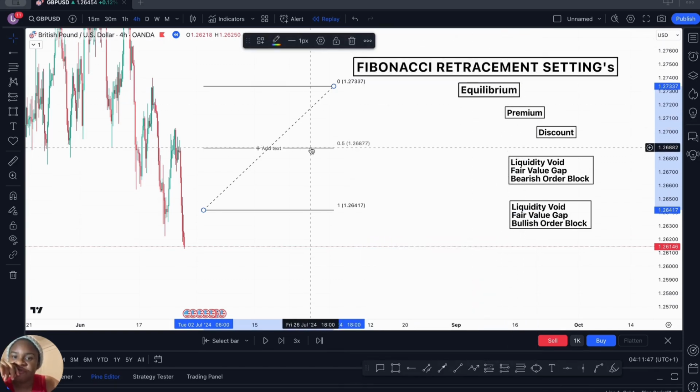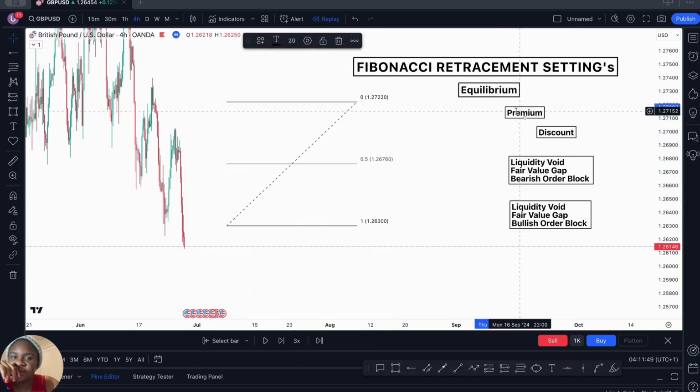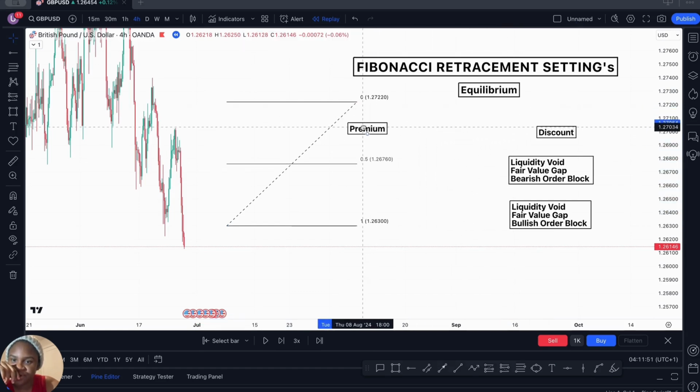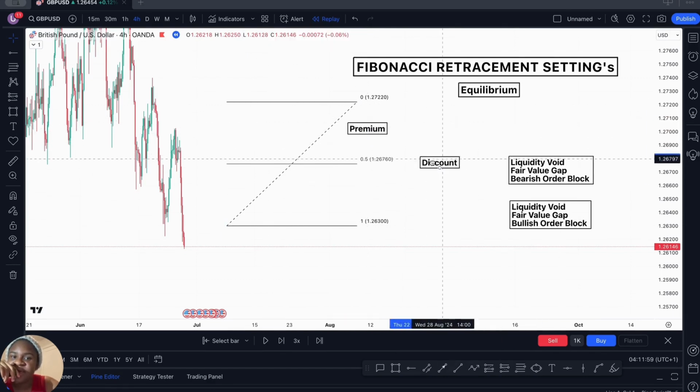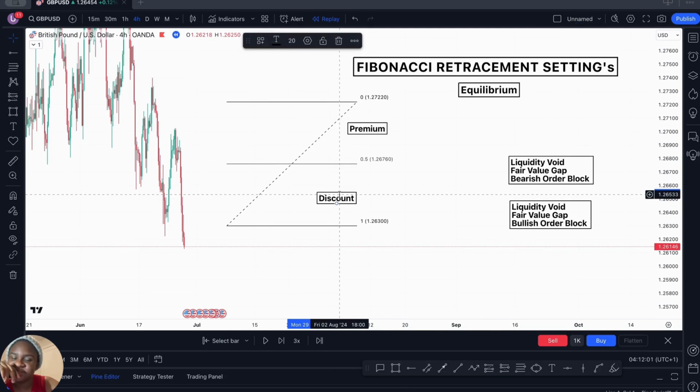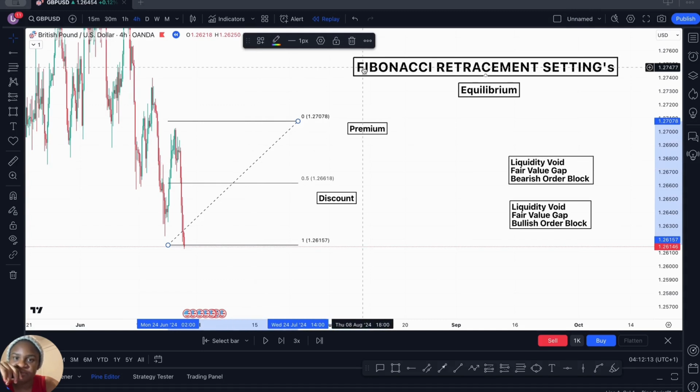Now, for a Fibonacci, the upper section is the premium, depending on how you're using it. For a sell, the upper section is the premium and the lower section is the discount. Let me use this example for you.